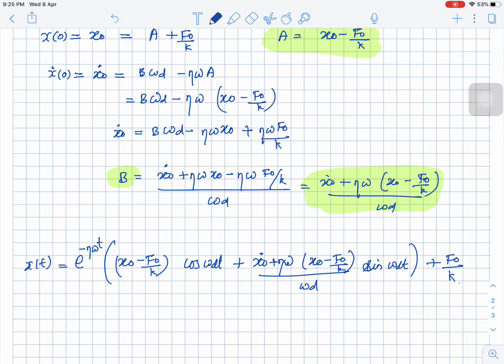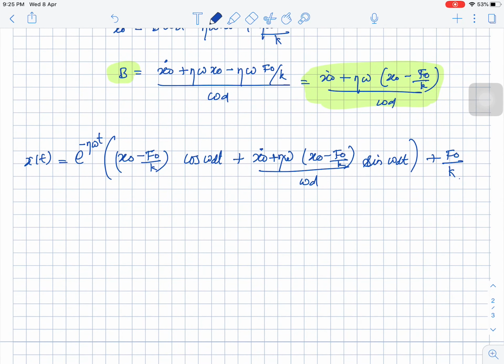Now we apply the data of boundary conditions: x of 0 equal to 0 and x dot naught equal to 0.